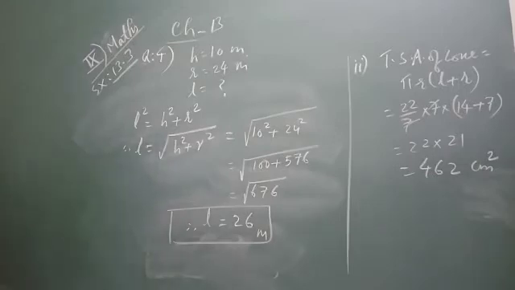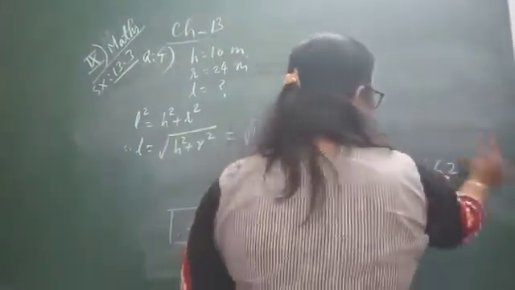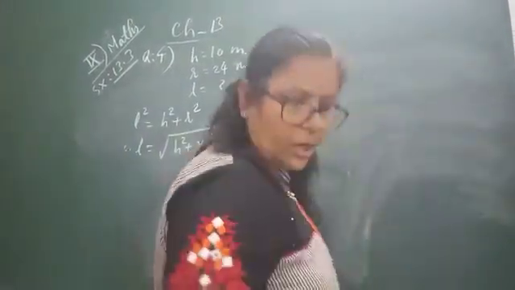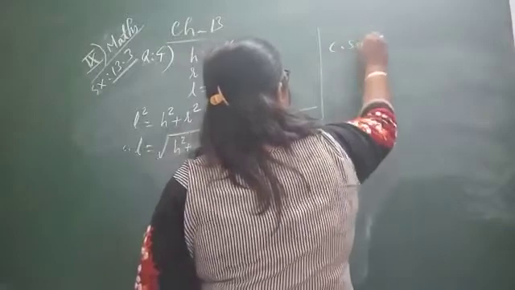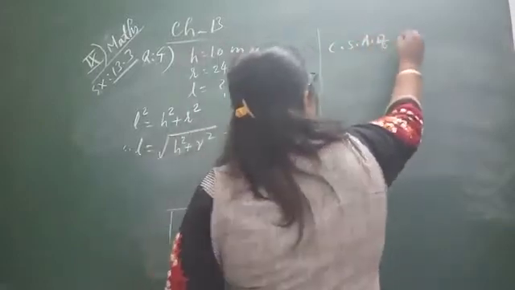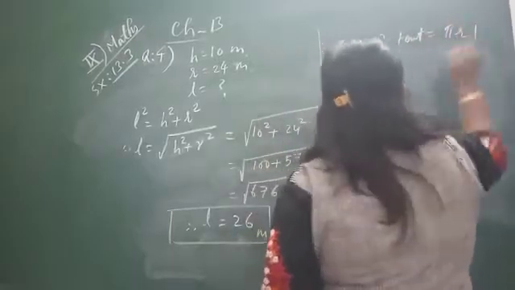Tent. Here cone means tent. Now the area to be used to make this tent. First we find the area and then the cost. Area means curved surface area, because the tent is open from the bottom. So CSA of the tent is pi RL.